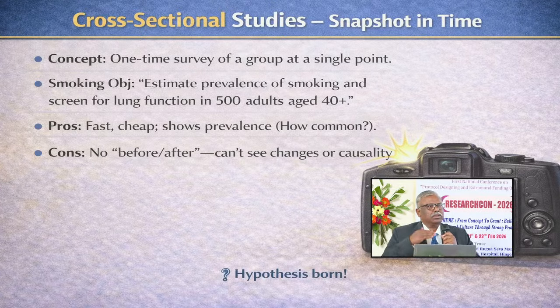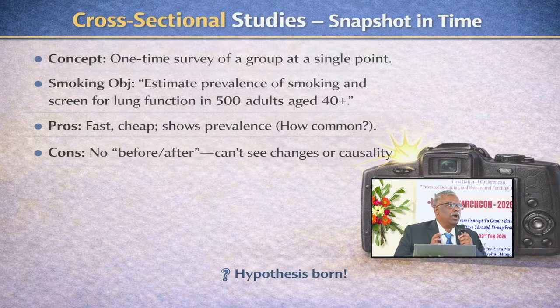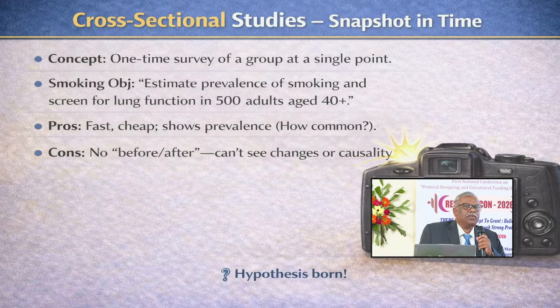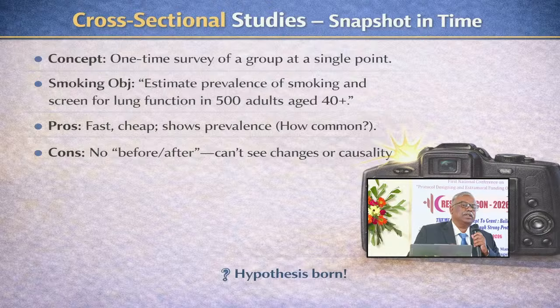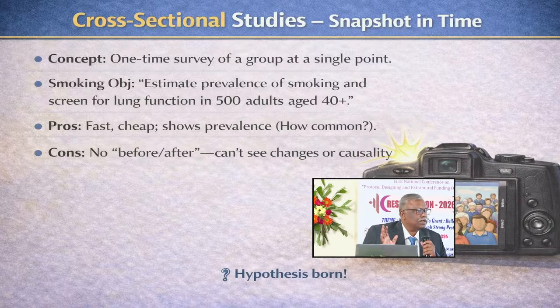The population comes for a group photo, and we take the photo and observe that. But after that photo, everyone will disperse because it is a dynamic population. So at the time of the group photo, what were the details? That is called a cross-sectional study. Cross-sectional studies are also called prevalence studies.